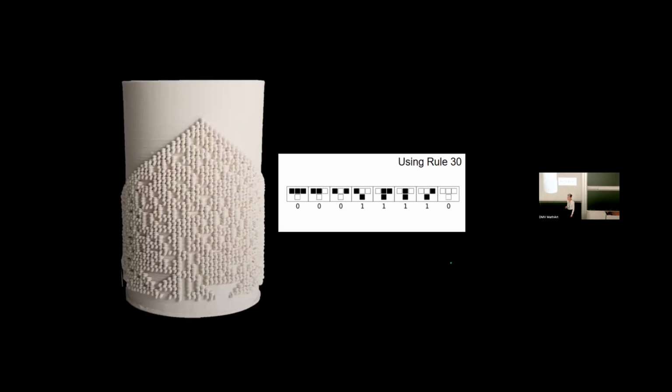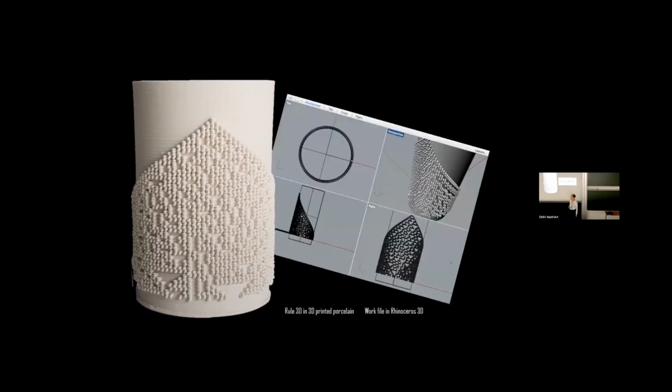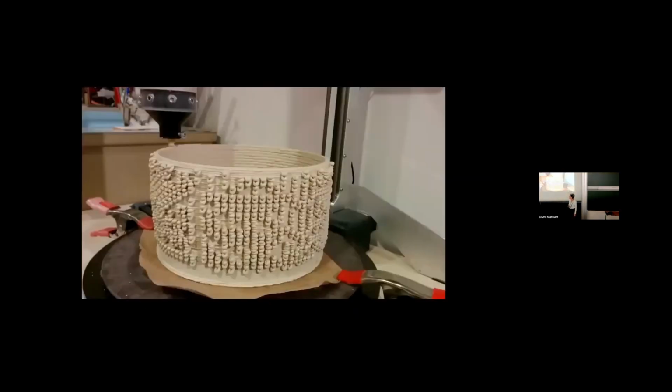So I started working with the mathematician, Sarah Billy at UW. She coded the cellular automata for me, and we talked quite a bit about what I wanted, how I wanted to use it, and this was the result. Here it is in Rhino. Again, you see that I have a big cylinder. I have those smaller volumes stuck to it, and it gives me this form.